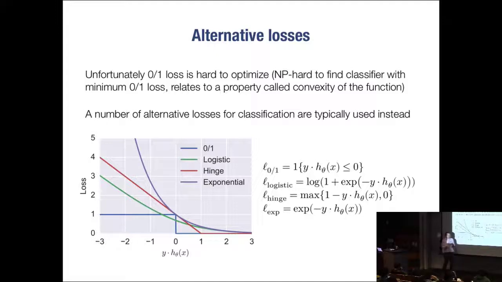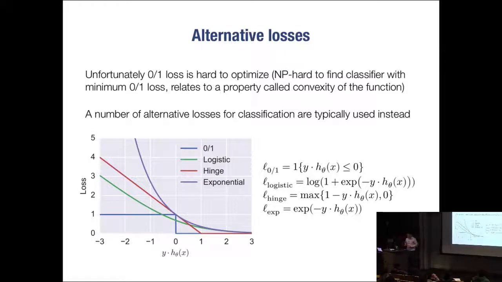So if you're more than 1 confident and you're right, you no longer will try to make it any more confident than that. Whereas with logistic and exponential loss, you can always decrease your loss a little bit by getting more and more positive, because it's never actually 0, even though it goes to 0 pretty quickly. So there are some subtle differences here.